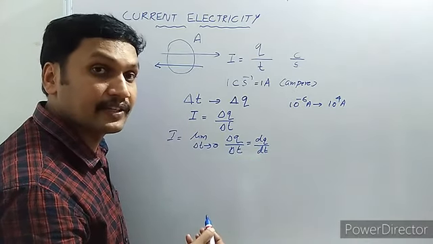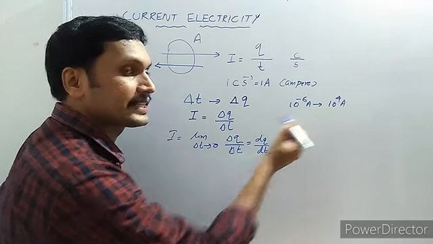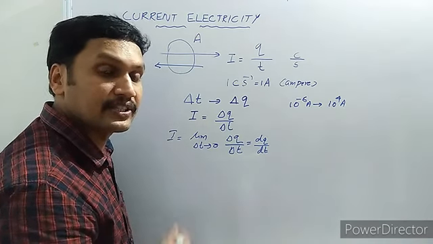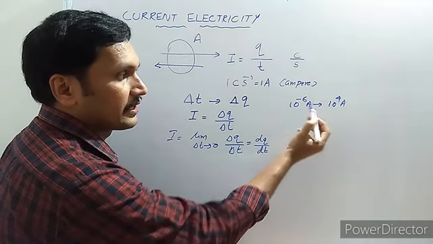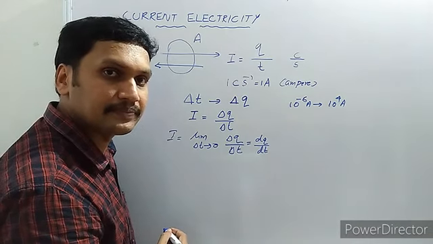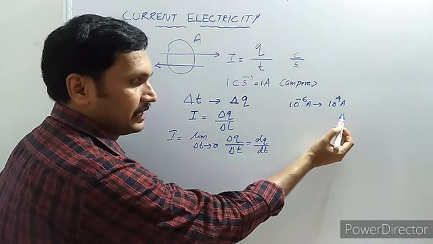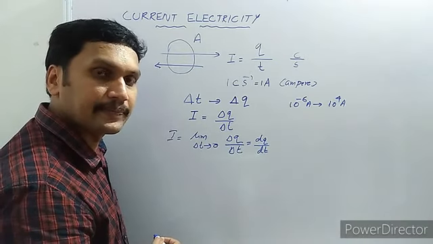In our nervous system, we have a current of the order of 10 raised to minus 6 ampere, which can be called a microampere. And in lightning, we have a large current up to 10 raised to 4 ampere.